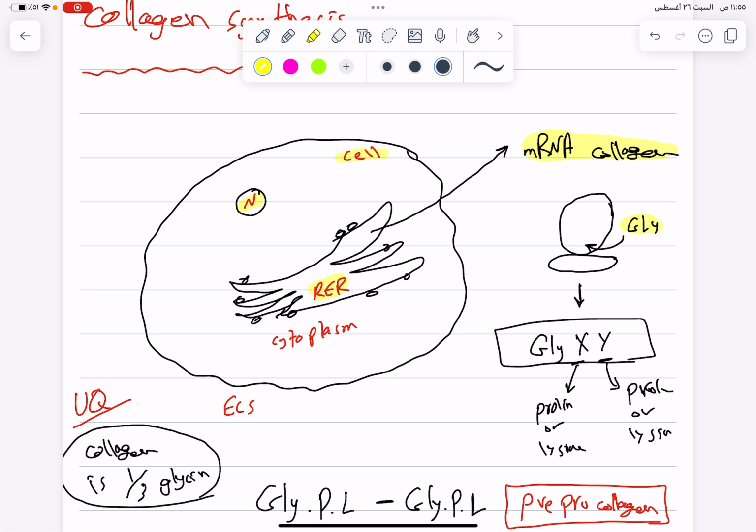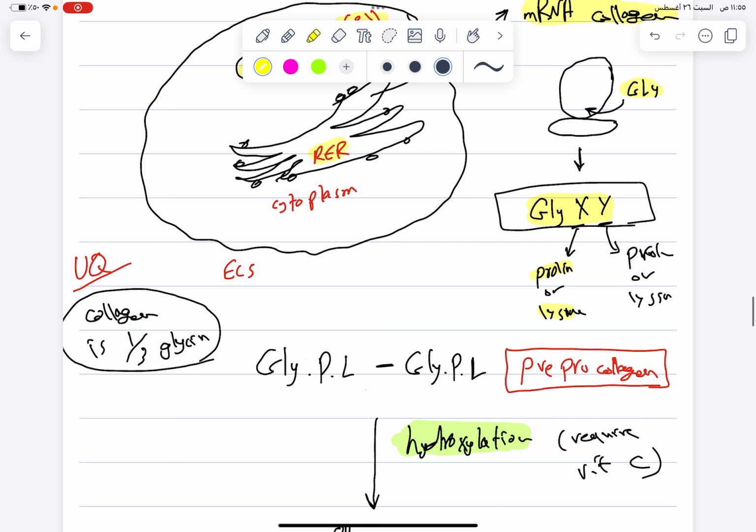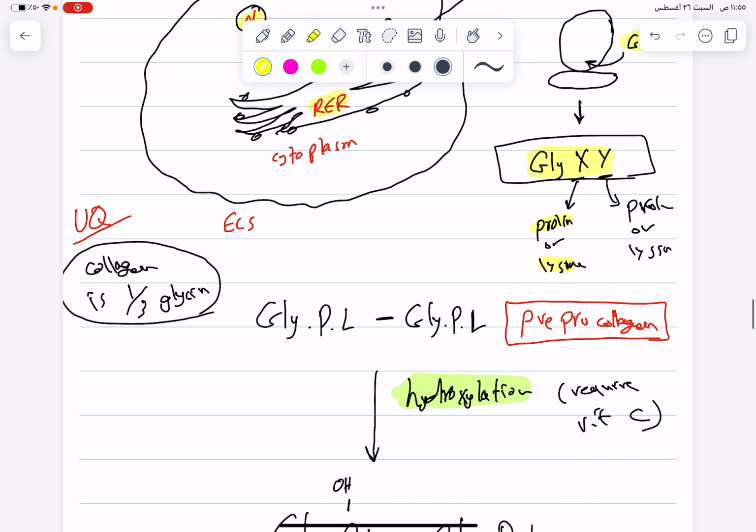So the final protein is Gly-X-Y. Why X-Y? Because X and Y are either proline or lysine. So we form glycine, proline and lysine. This is called pre-pro collagen.